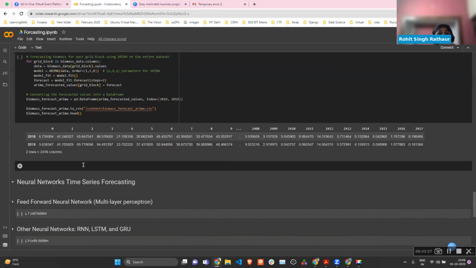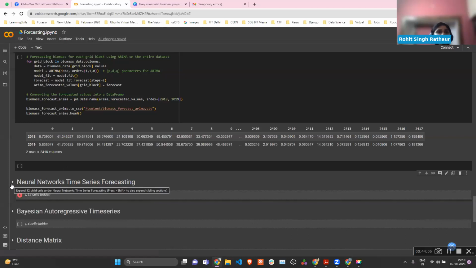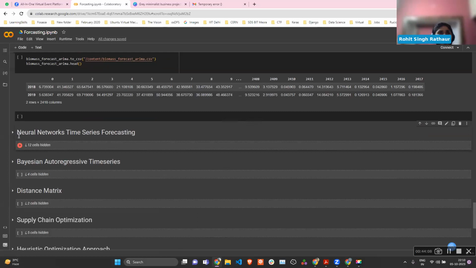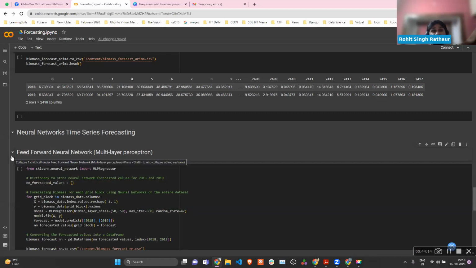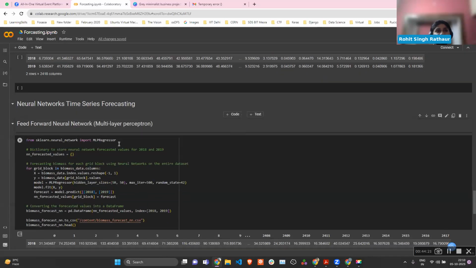Still, I was not getting satisfactory results. Then I thought I should try neural networks. First I tried a feed-forward neural network, which is basically a multi-layer perceptron.